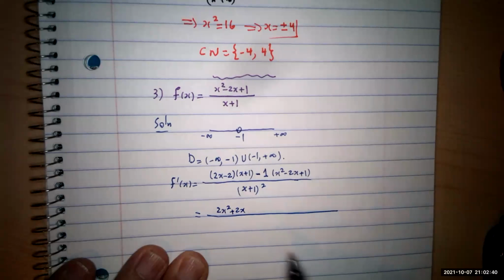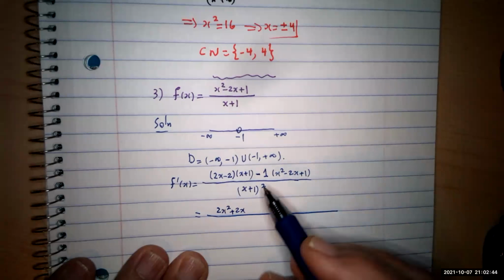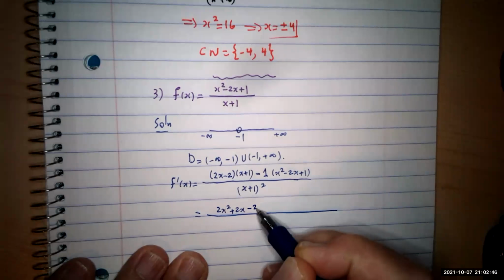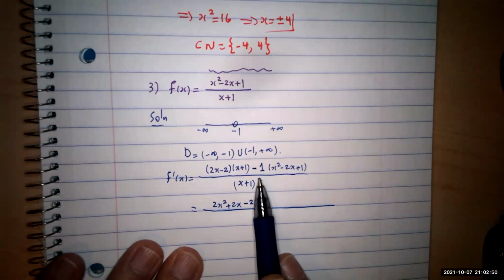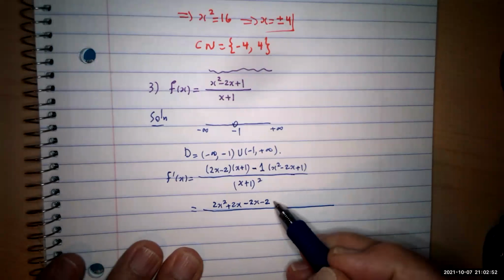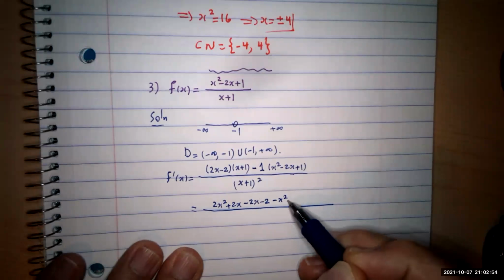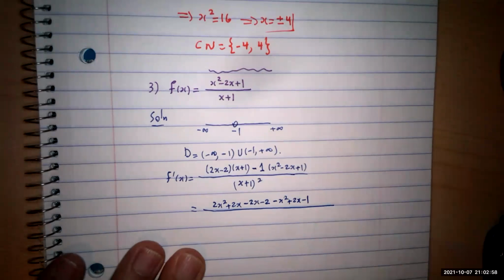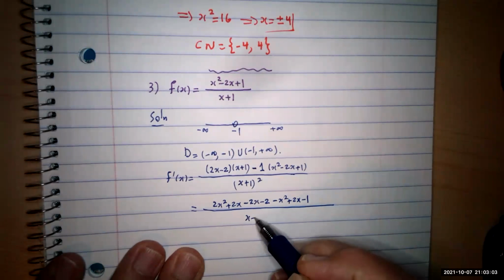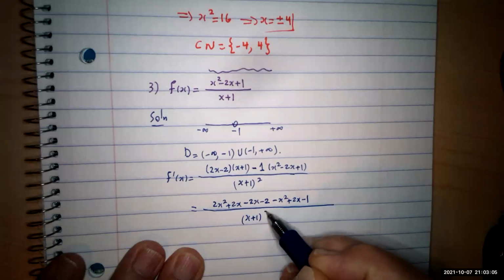Then apply the -2 inside, so minus 2x, minus 2. Then the negative sign gives you negative x squared plus 2x minus 1, and we have x plus 1 all squared.